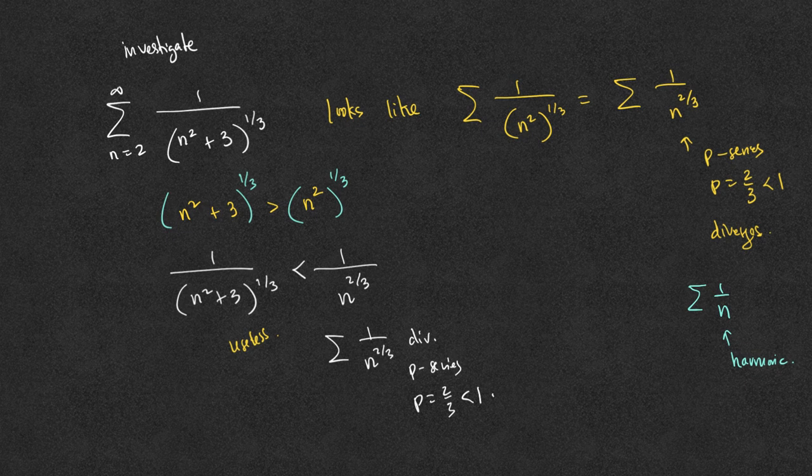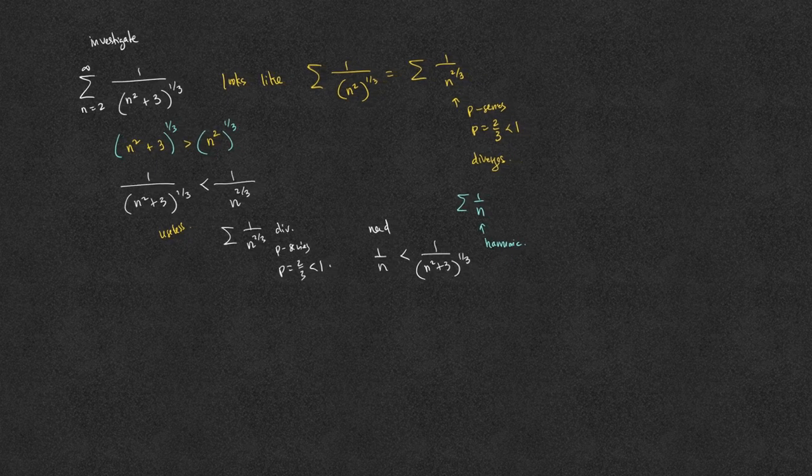What this means is that we need to show that 1 over n is less than 1 over n squared plus 3 to the 1/3 power. If we can show this inequality, then we can conclude that the given series is greater than the harmonic series. Then, by the comparison test, it is also divergent.